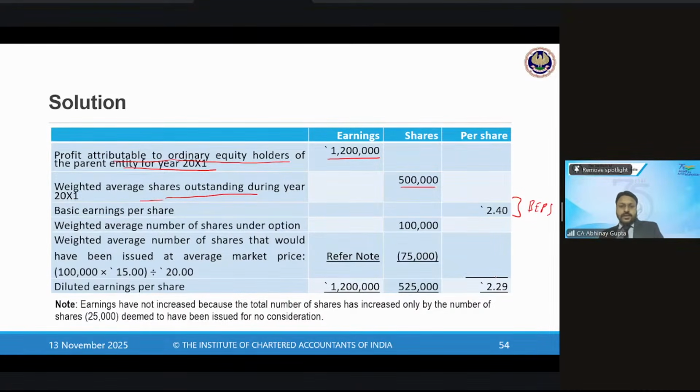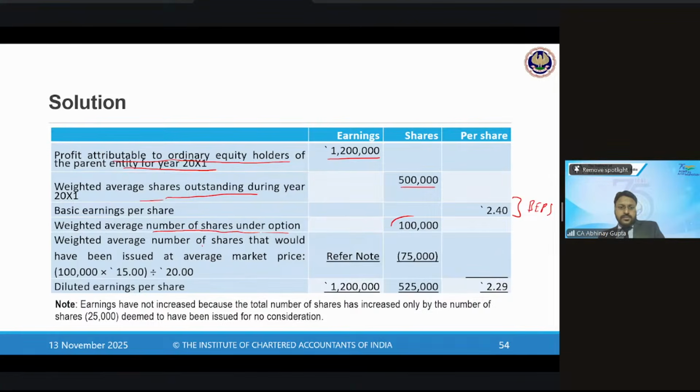Correct? Now, when we calculate the diluted earning per share, we need to compute the weighted average number of shares for the diluted earning per share denominator. So weighted average number of shares would be computed as follows. So shares under the option is how many? 1 lakh, right?